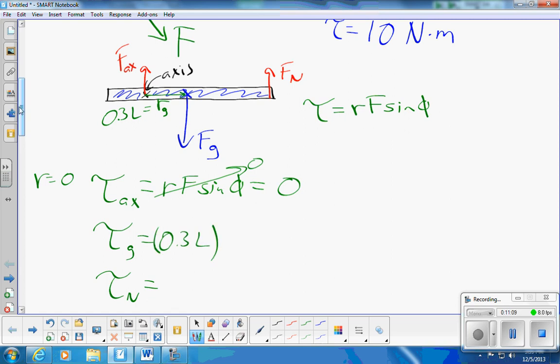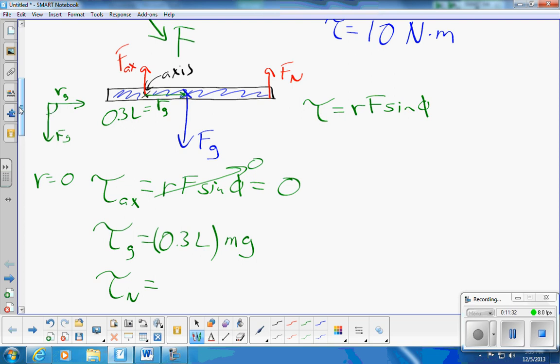The force is Fg, or it might be useful to write m times acceleration due to gravity for the force. And sine phi, in this case, is the angle between r and Fg. If I redraw them off to the side from a common origin, tail to tail, there's r_g, there's Fg, and that's a 90-degree angle.